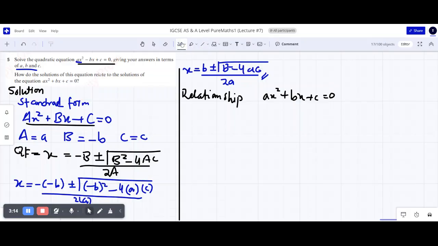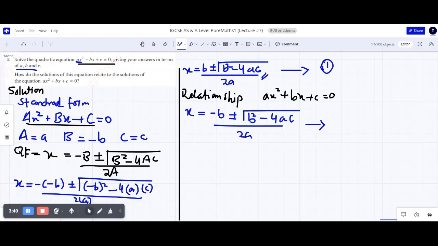As we know, the solution for this is x equals minus b plus minus root of b squared minus 4ac, divided by 2a. Let's suppose what we got is equation 1, and this is equation 2. So this is x1 and this is x2 for the second equation.